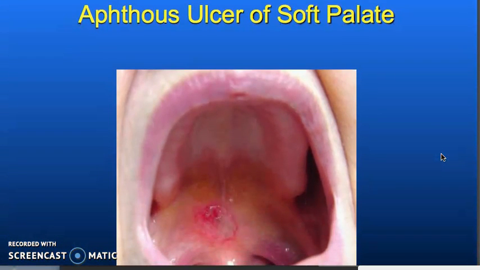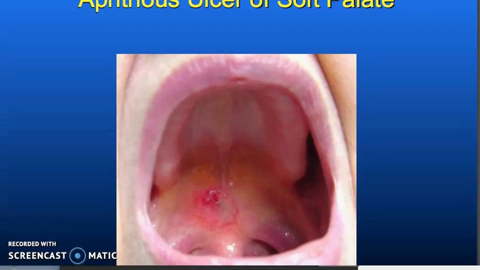Okay, now here's an aphthous ulcer on the soft palate. If you look back here, you'll see this white area, then you see the red around it. Obviously, this patient probably wears a denture since they are edentulous. This can be very painful when the patient is swallowing. They can also be caused by an HVE causing damage or trauma here when you're suctioning.